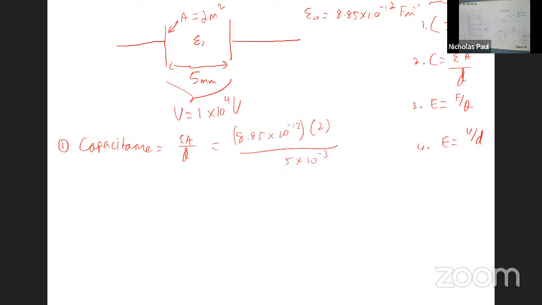Remember to convert to meters. How much did you all get there?